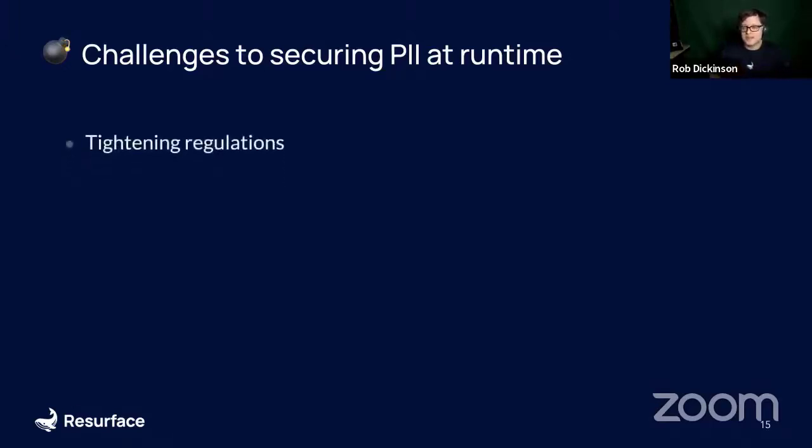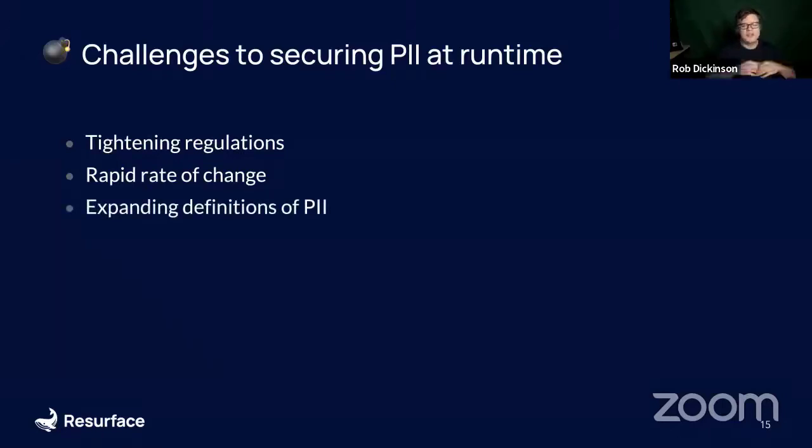We have tightening regulations, things like GDPR, CCPA, that are slowly establishing higher standards of care that are tougher to reach. We're seeing a very rapid rate of change in all of these regulations across the board. They're changing almost month to month, especially in Europe as new court cases are coming about and issued.